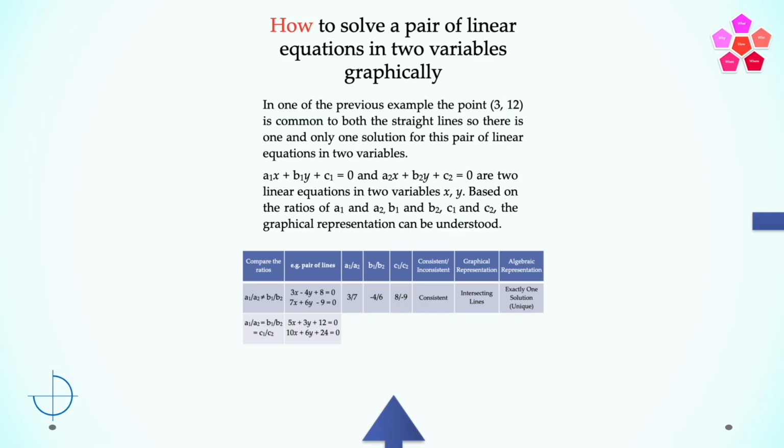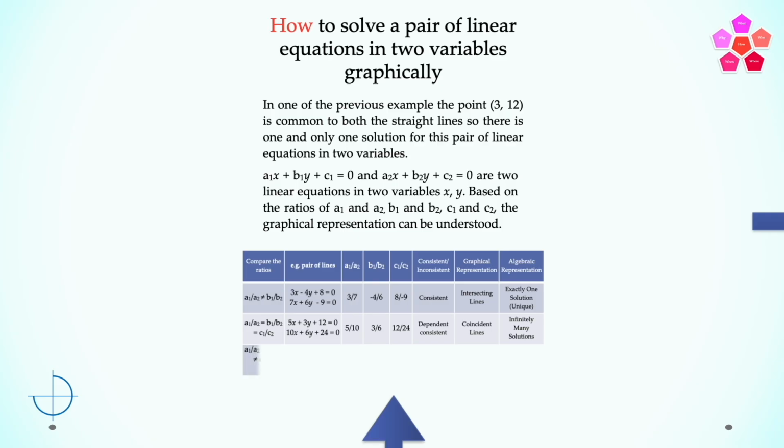Here we see that the ratio of a1 by a2 is 5 by 10, b1 by b2 is 3 by 6 and c1 by c2 is 12 by 24, which can all be reduced to 1 by 2. So here we see that the two linear equations in two variables are dependent but consistent. The graphical representation would be coincident lines. The algebraic representation suggests that this can have infinitely many solutions.